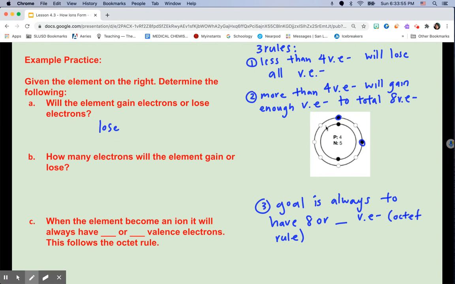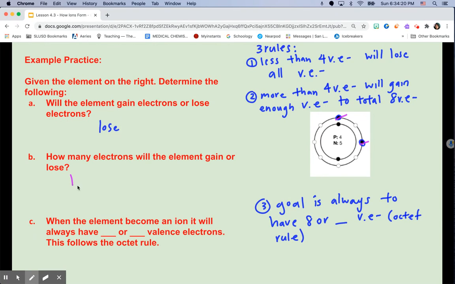Second question, how many electrons will the element gain or lose? Right? So the goal is always to have a full outermost ring. So in this case, it might be kind of tricky to tell because if I lose these 2, underneath it's not 8s, but it will still have a full ring, right? So in this case, it's going to lose 2 valence electrons. So it follows the same principle.